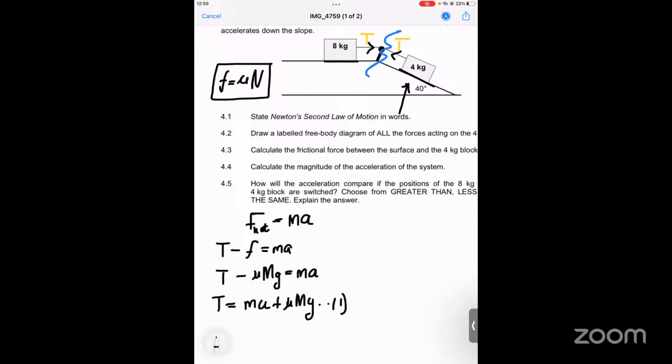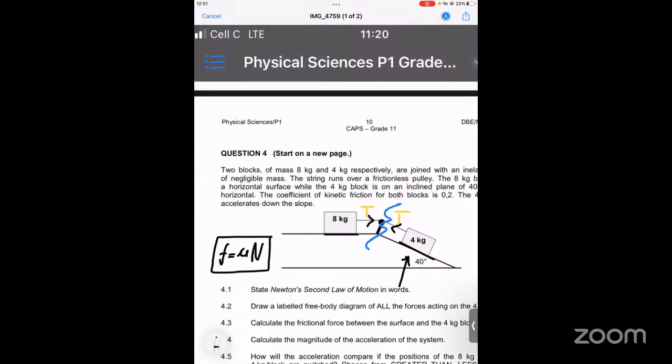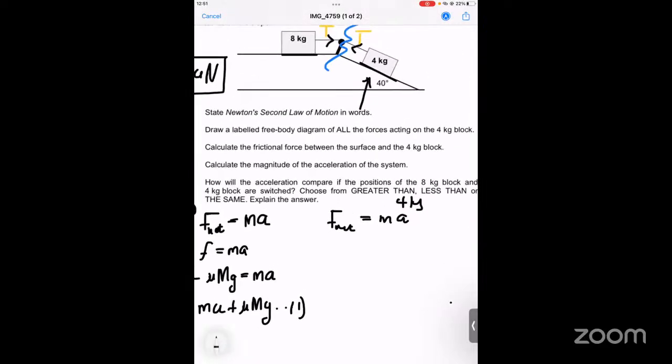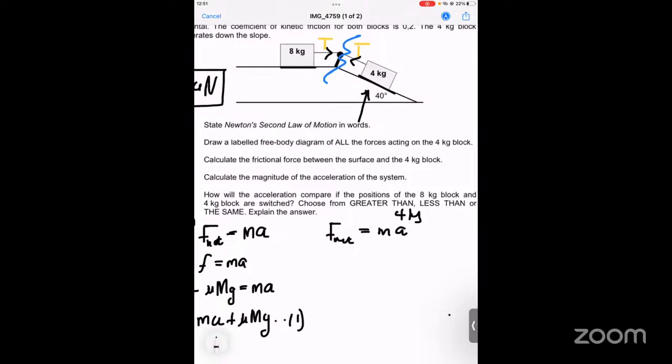So now you go again and do F net, which is equal to ma, but now on the 4 kg. There it was for the 8 kg. So the F net on the 4 kg, would you agree if I say we have an F g parallel? Do you agree there, Tetelo?